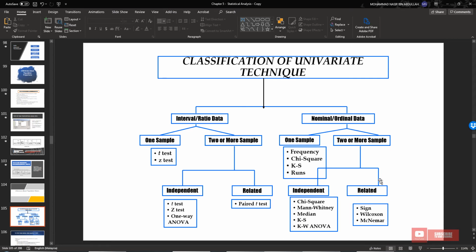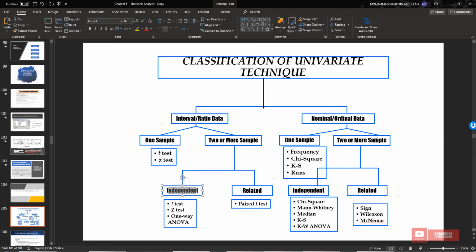If you have related samples, you can use a sign test, Wilcoxon test, or McNemar test. If you have a quantitative variable, for one sample, you can use a t-test or z-test. If you have more than two samples, and the samples are independent, you can use a t-test, z-test, or one-way ANOVA.